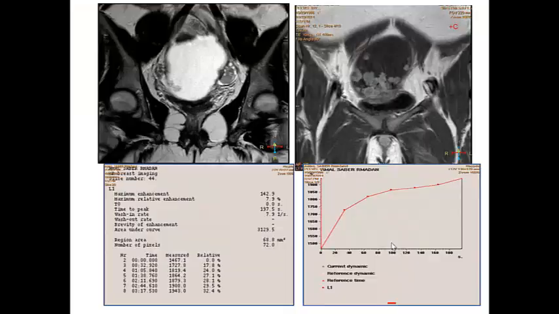There was a diffusion image, and there was no restriction on diffusion, and the MRS was done also in this case, and it was with benignity.